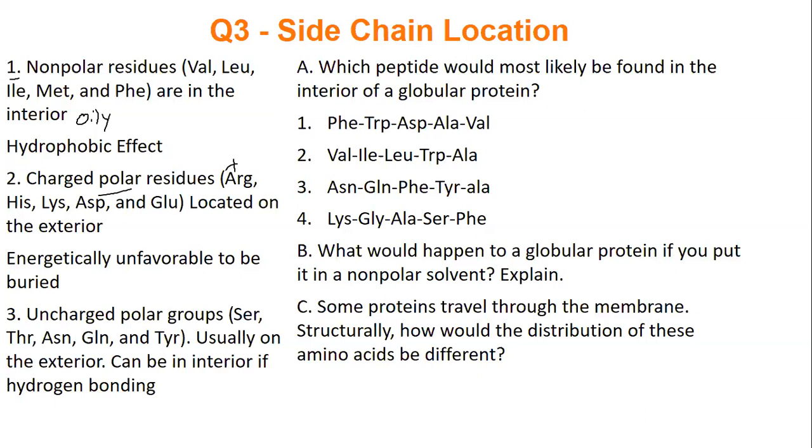What would happen to a globular protein if you took it out of water and instead put it in a nonpolar solvent like benzene? This is one of those big brain critical thinking questions.